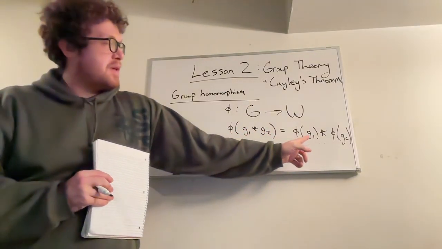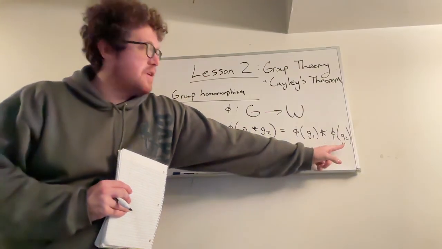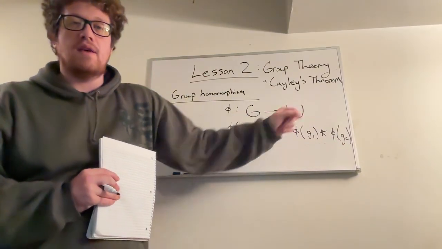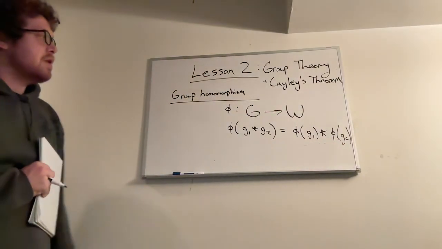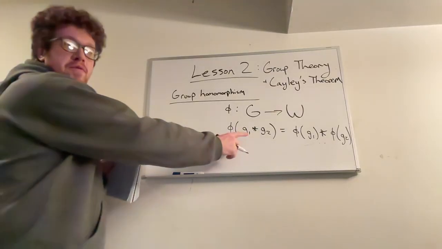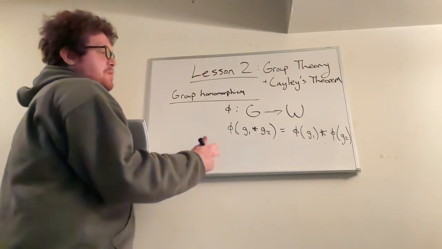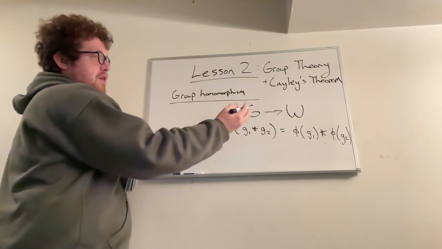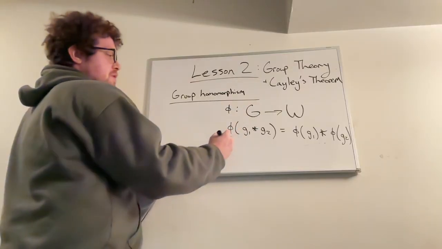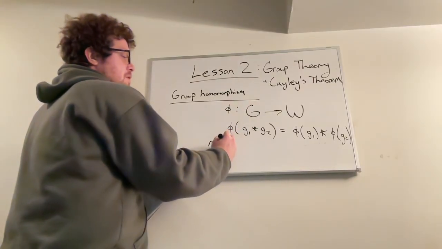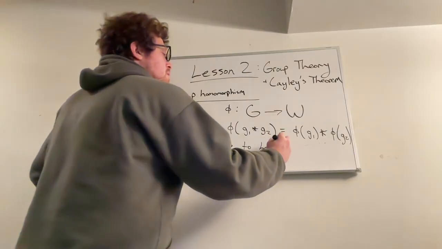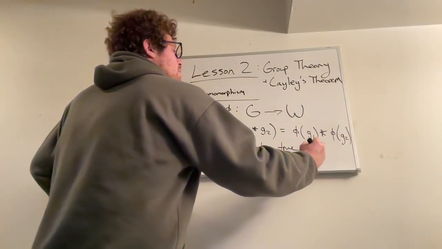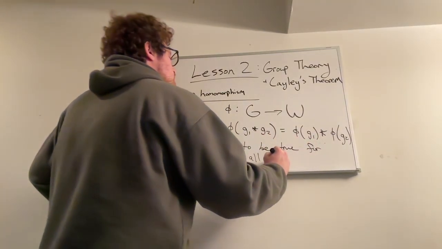It should be the same thing as mapping the individual elements and then multiplying them in the output space in W. So this has to be true for every element g1 and g2 from G. So if this is true, then we call it a group homomorphism. So it needs to be true for all g1, g2.